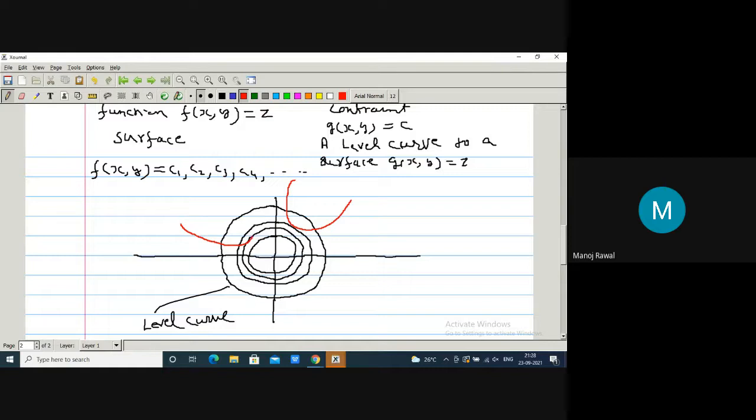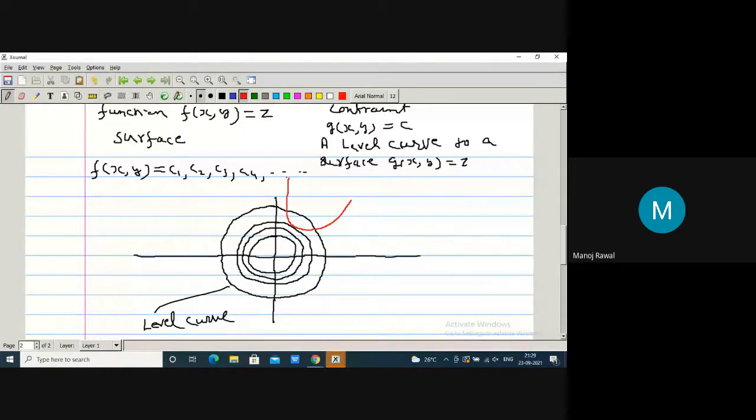It may intersect this also. Yes, I agree. Because infinitely many level curves of the surface are here, the black ones, somehow this is going to intersect in this way. Do you agree or not, students? This will certainly happen because infinitely many curves are there. Is that fine?